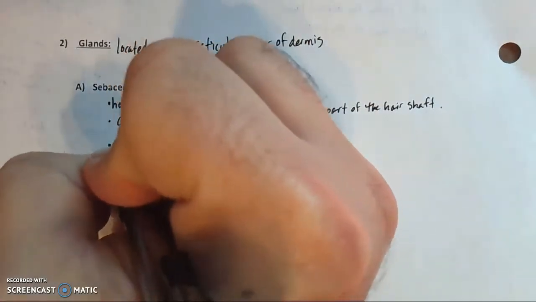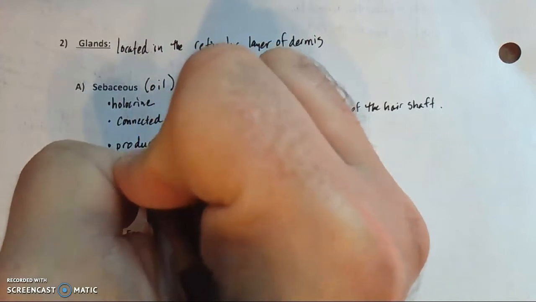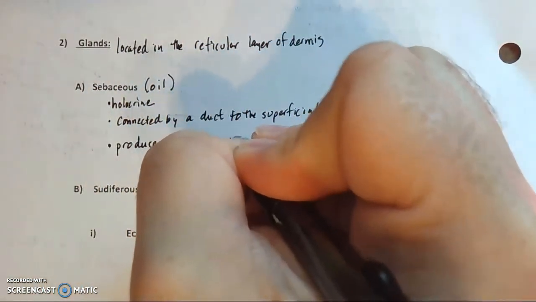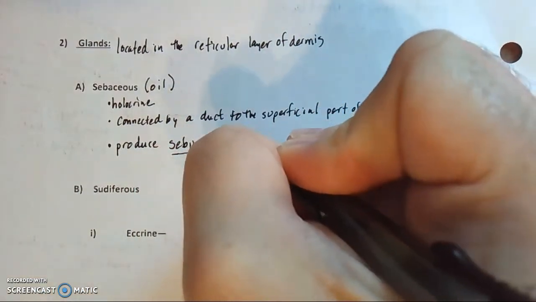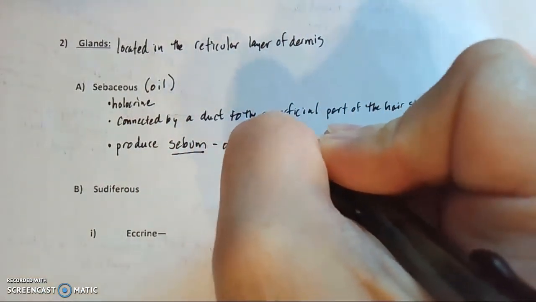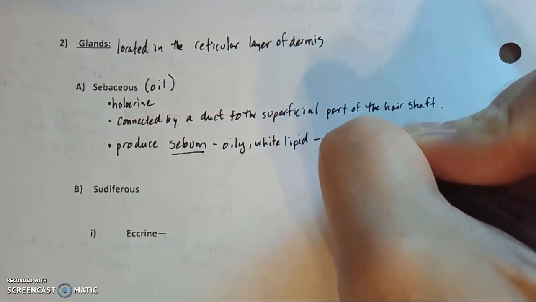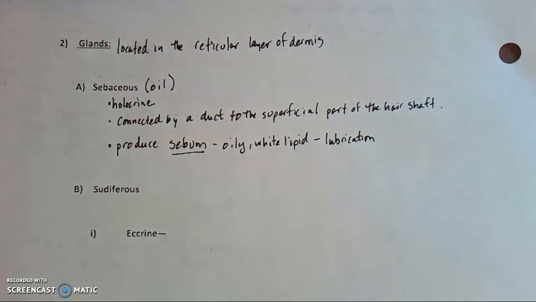And they produce something called sebum, S-E-B-U-M. And this is an oily white lipid. And it has some purposes. It helps for lubrication of the hair because oils are good for the hair.